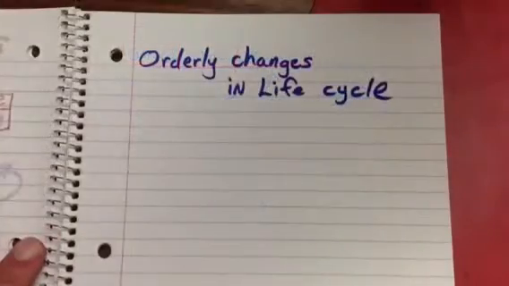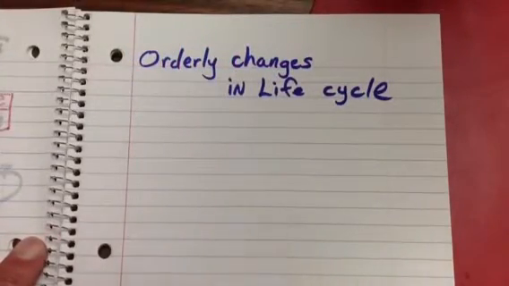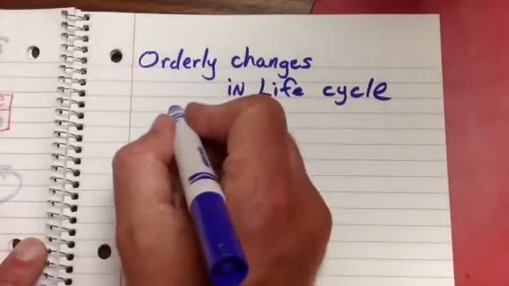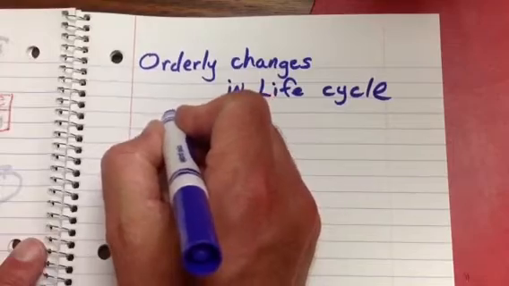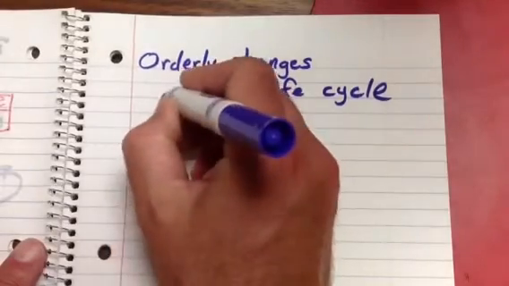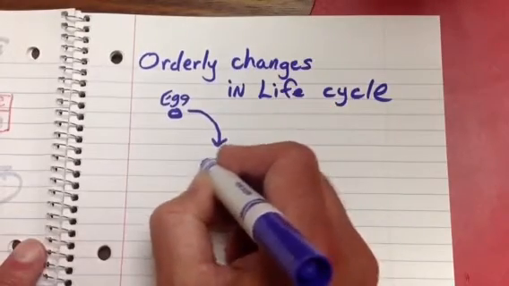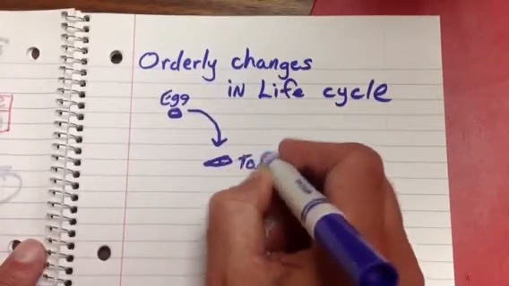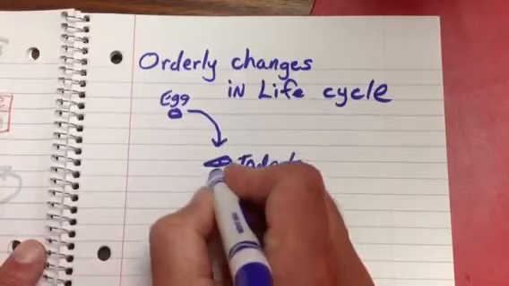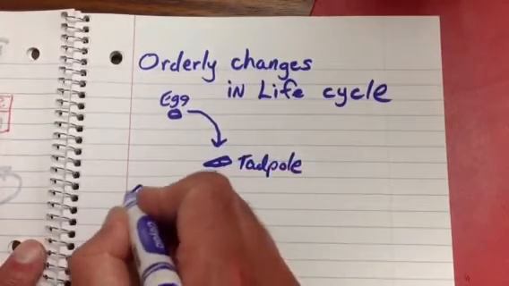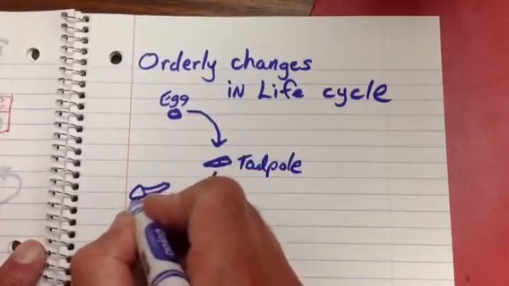We talked about life cycles. No matter what your life cycle, you do go through a series of orderly changes. So maybe a frog starts off as the egg. From the egg he comes into the tadpole. From the tadpole he becomes a froglet.